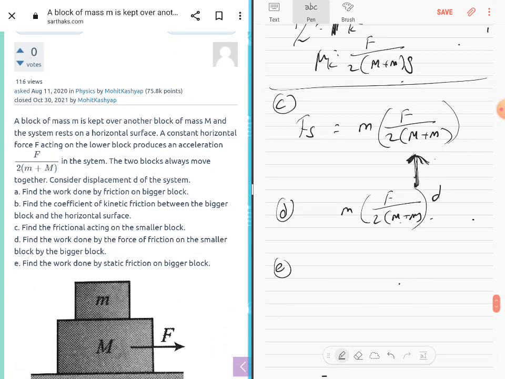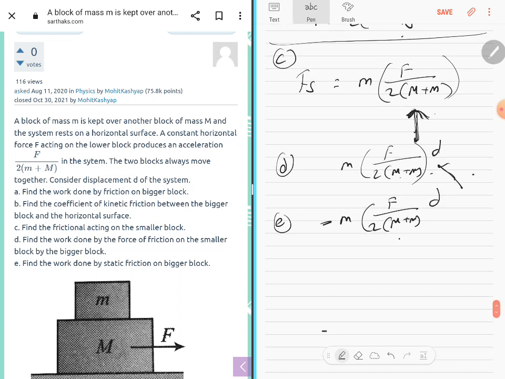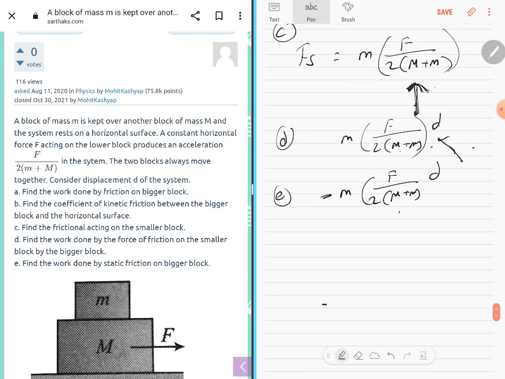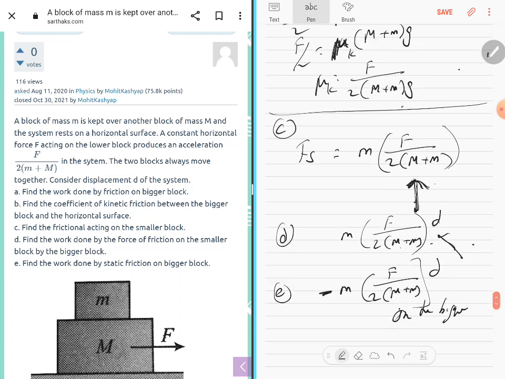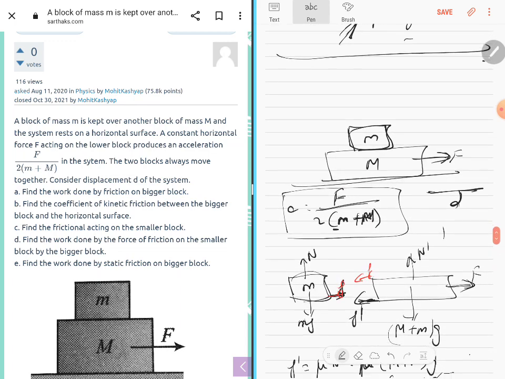Okay, so next is the E part, wherein they're asking to find the work done by the static friction on the bigger block. This is the force of the bigger block on the smaller block. The force of the smaller block on the bigger block will be minus m into F by 2 into (M plus m) into d. So the work done on the bigger block is negative. Let me see what I have drawn here.